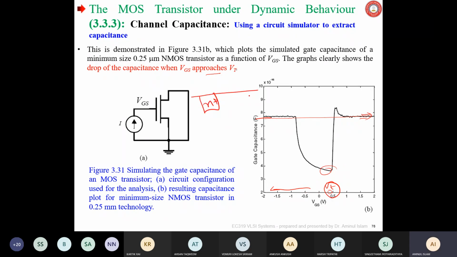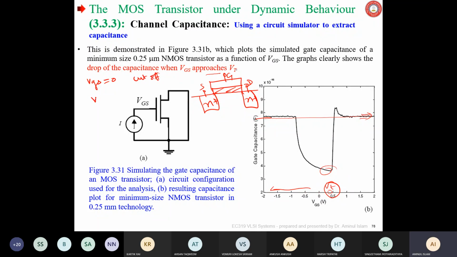See, in a MOSFET, this is your gate, source, and drain, right? We are saying that if VGS equals 0, then cutoff region.